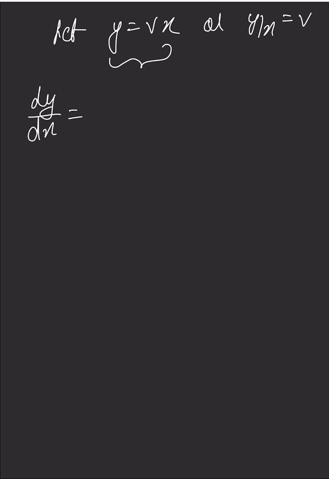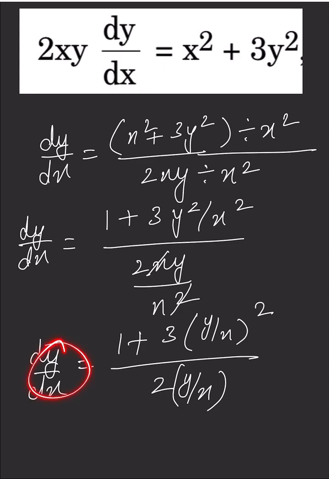Right hand side, now this is product form. So keep the first, differentiate the second. So when I differentiate x, I will get 1. Plus keep the second, and I'm going to keep this function and differentiate the first. So v will become dv by dx. So this is the value of dv by dx, which we need to substitute here.